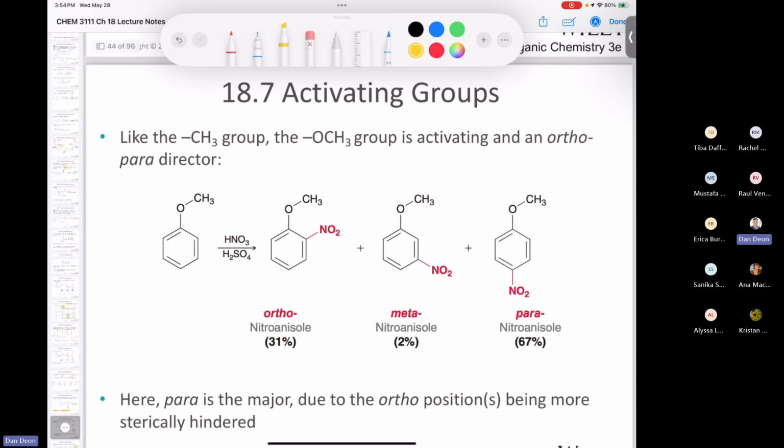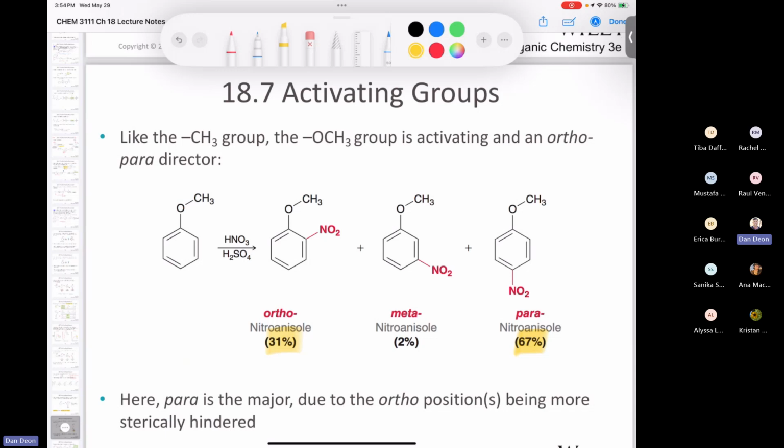So now, if you look at the nitration of anisole, like we said, it's really fast. Statistically it occurs mostly at the para position, with some at the ortho position, and next to nothing at the meta position. So again, activating groups activate to the ortho and para positions.